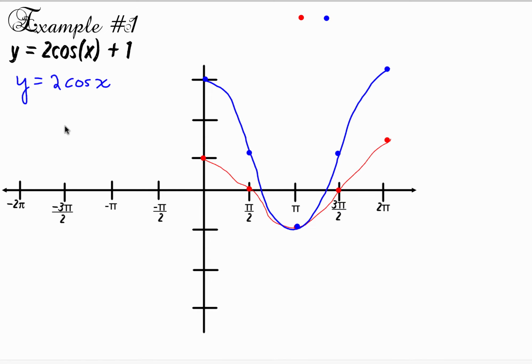Voila! I just did y equals 2 cosine x plus 1. Now, you would keep going. This is periodic, so it keeps going and going. And I could put arrowheads on the end here, but since we're just manipulating this and learning how to do it, I'm just going to ignore the arrowheads for today.